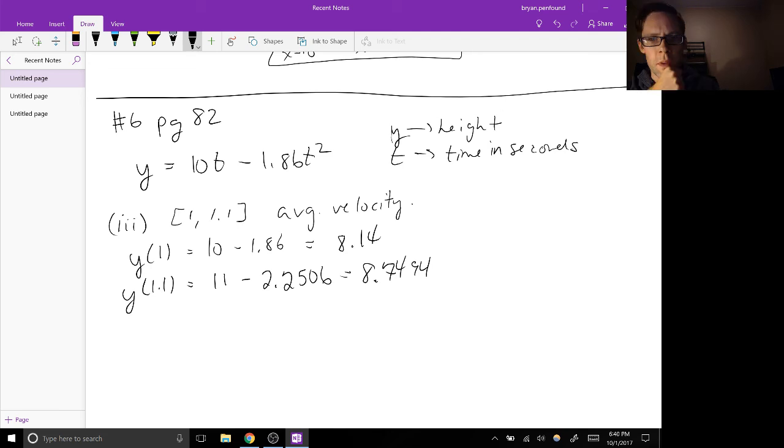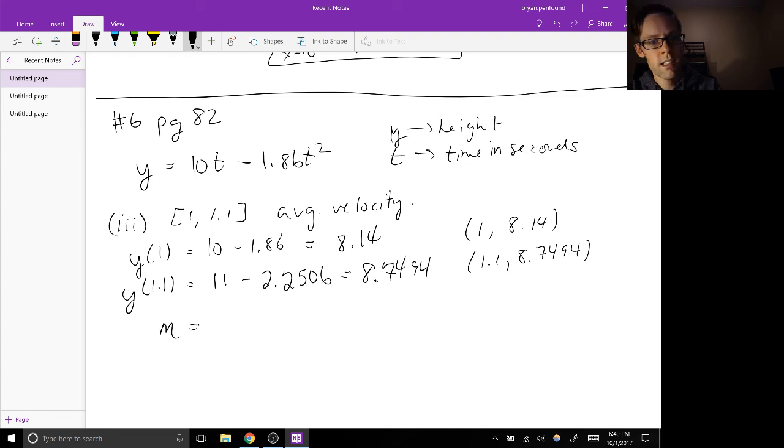Now we have 2 ordered pairs on our secant line. Our first is t = 1 and y = 8.14, and our second point is 1.1 and 8.7494.